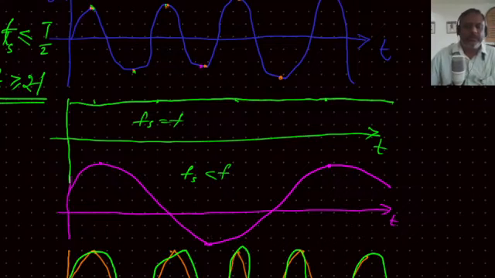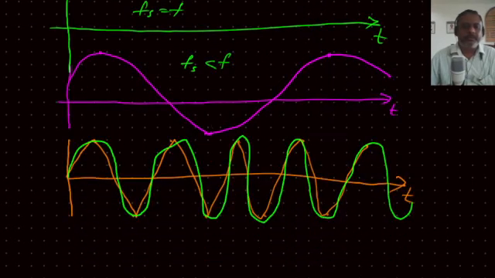In that case, you get a confusion that your signal has a lower frequency compared to the actual frequency, which we may approximate by mistake. And if we sample 2 times in a cycle, then we get this.